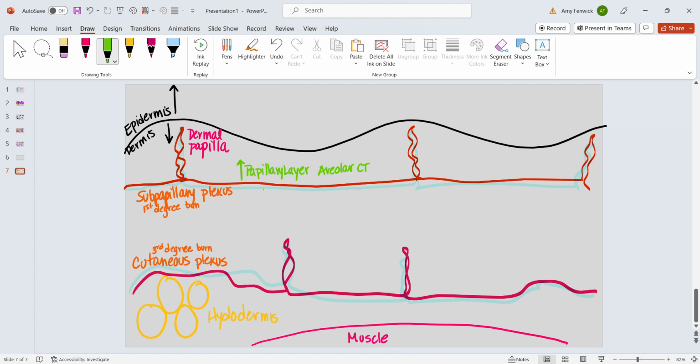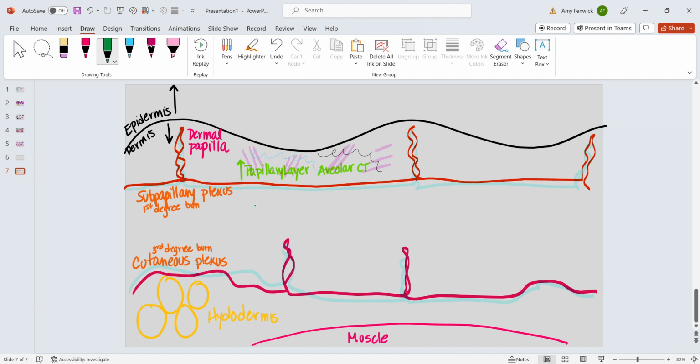And areolar connective tissue is the type of connective tissue that's present. Remember, connective tissue is one of the 4 types of tissue. And in connective tissue, we have collagen bundles. They're spaced far apart. We also have elastic fibers, and we also have reticular fibers. So we pretty much have everything in areolar tissue. And areolar tissue, honestly, is like packing tissue. It's like, what do we put in here?